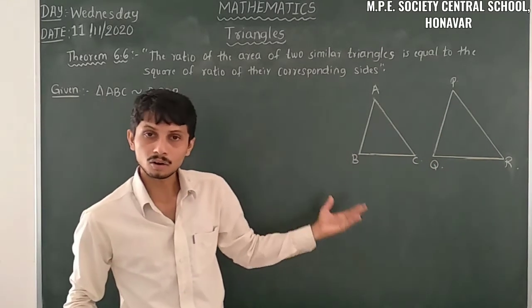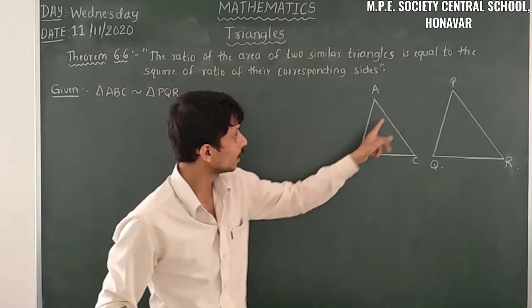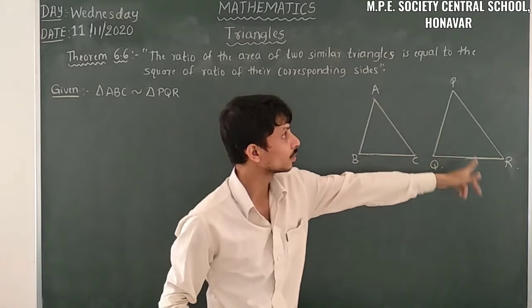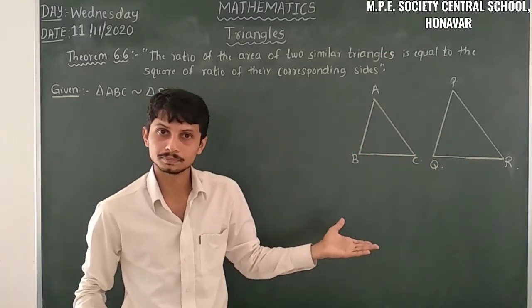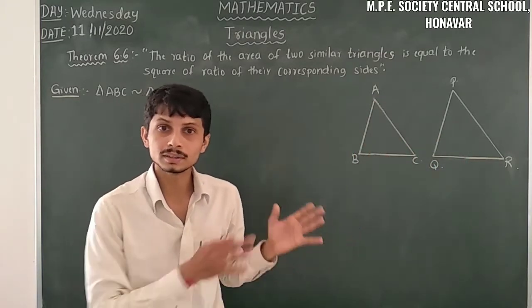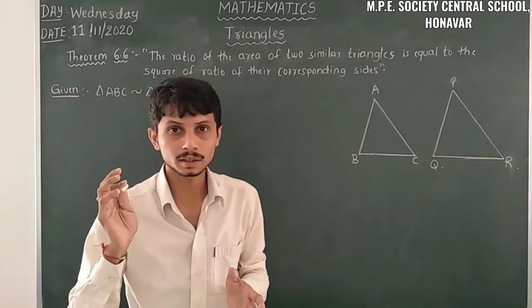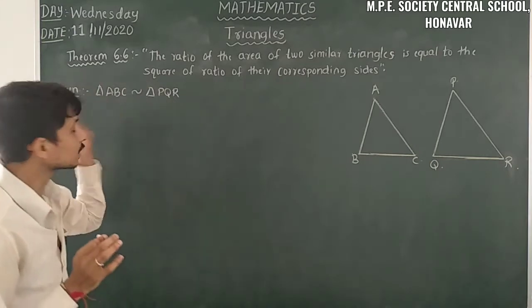And according to the similarity, we can take AB by PQ is equal to BC by QR is equal to AC by PR. So we can take that. So here we have these things. When we have a similarity, we have suitable conditions. Yes. So here it is the given thing.